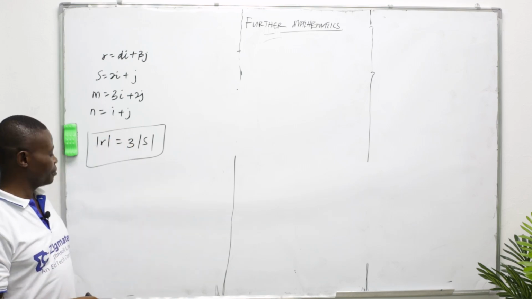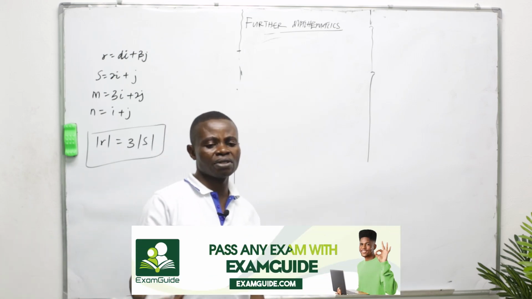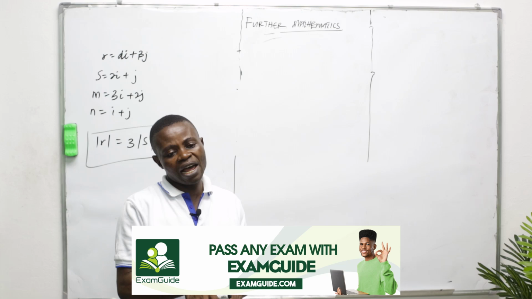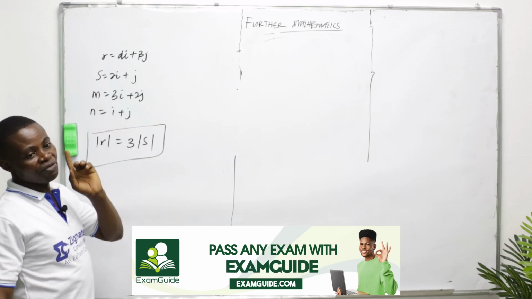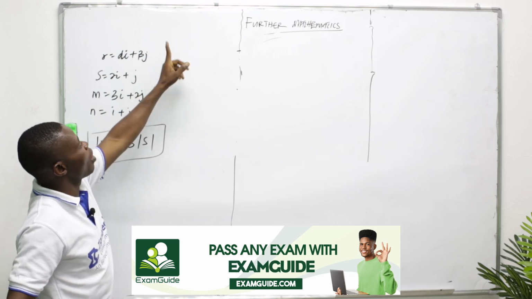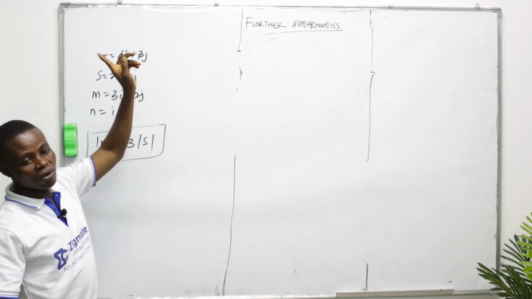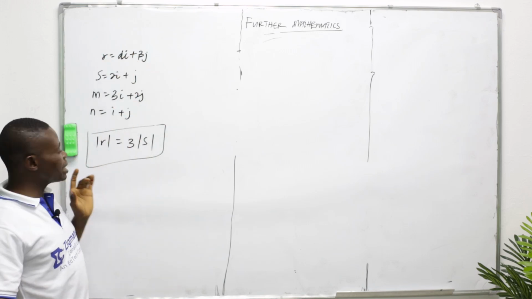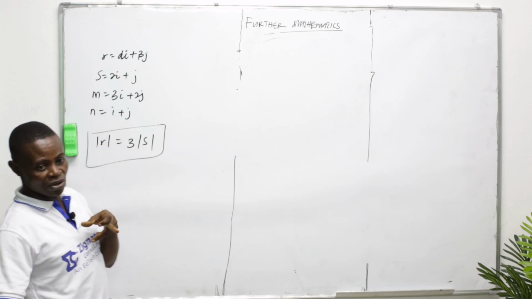When somebody says 3 times something, it means 3 multiplied by that thing. Recall that we were given four vectors: 1, 2, 3, 4. That one is balanced. The next statement: the magnitude of R is 3 times the magnitude of S.